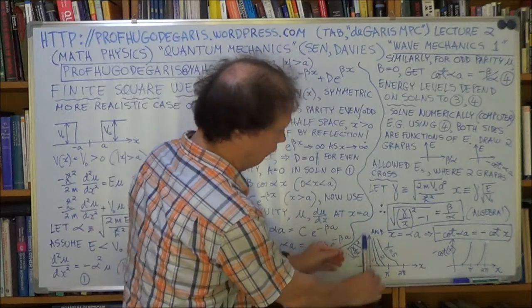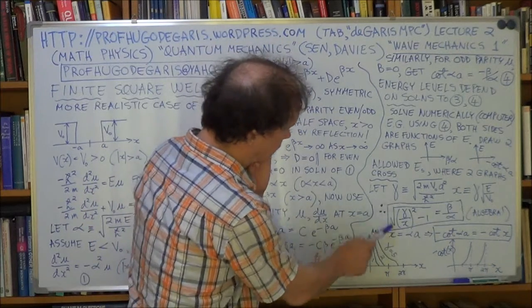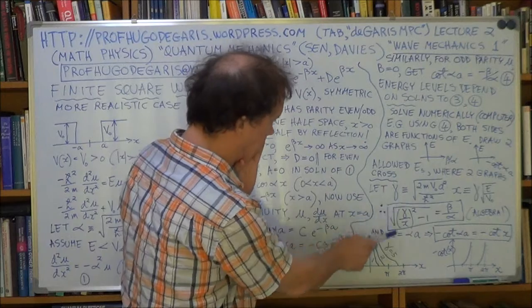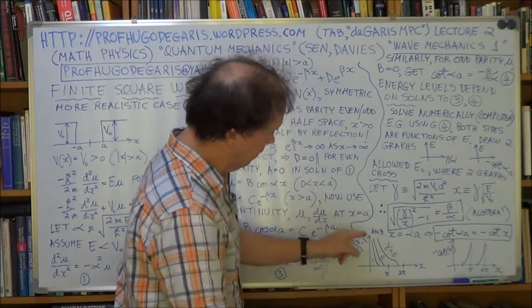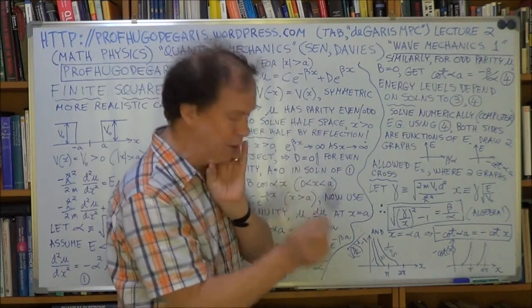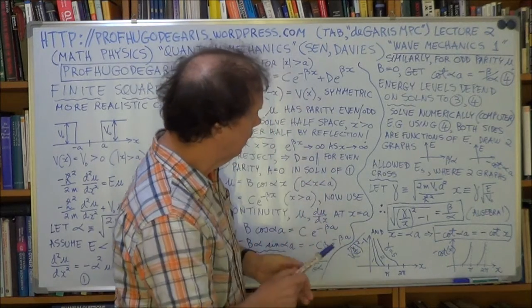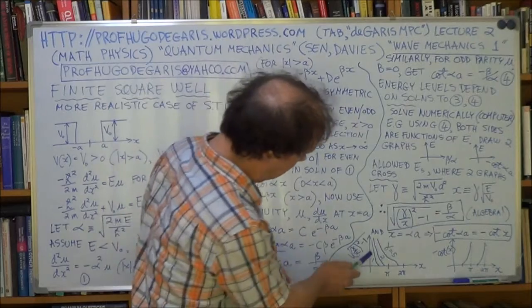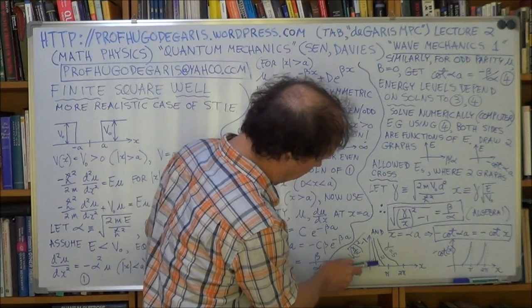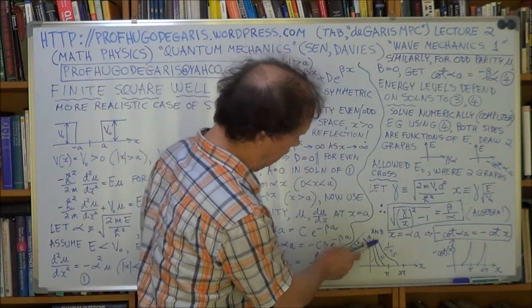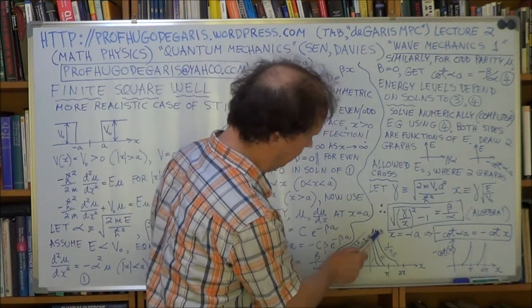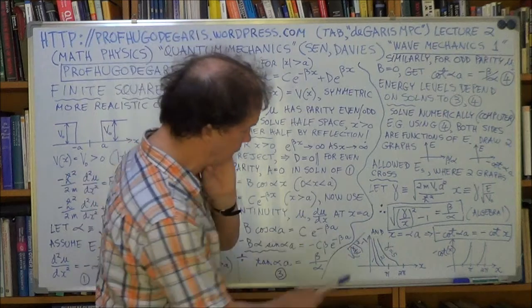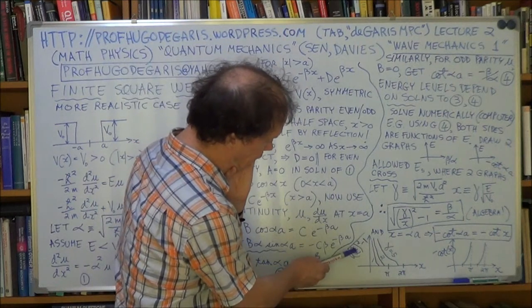So this vertical axis here is this square root expression, square root of gamma over x all squared minus 1, right? So for different values of gamma, like here's a curve for gamma equal to 1. Here's another one for gamma equal to 2, and here's one for gamma equal to 5, and so forth. So we get different curves, obviously, for different values of gamma.